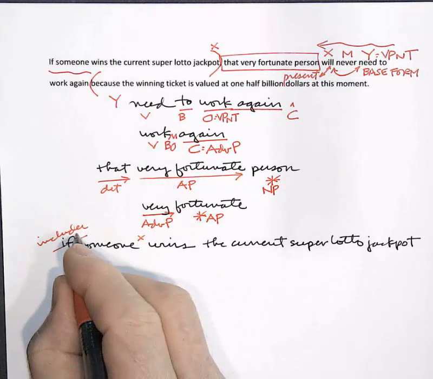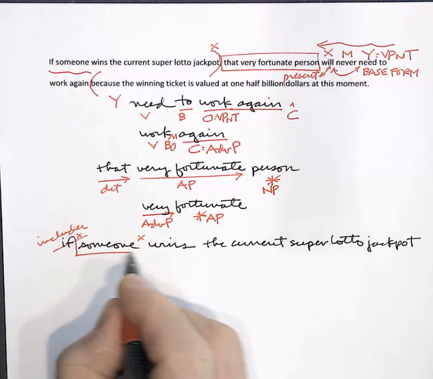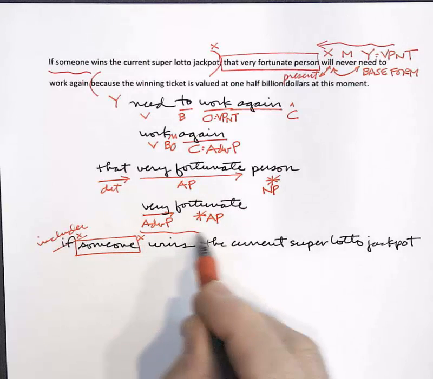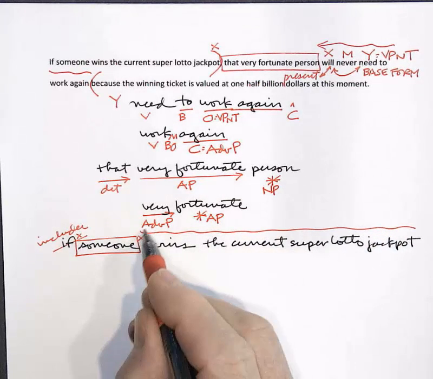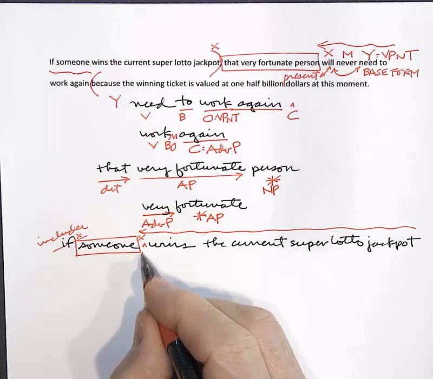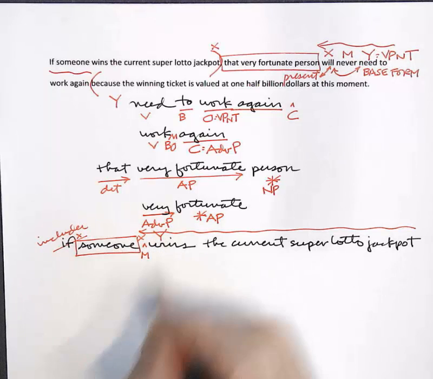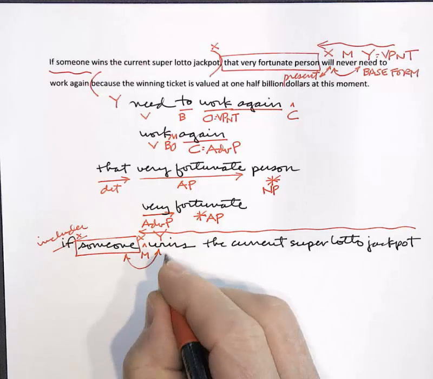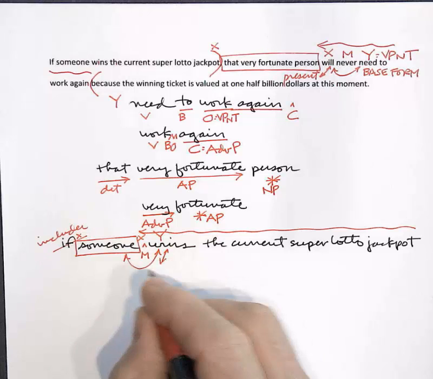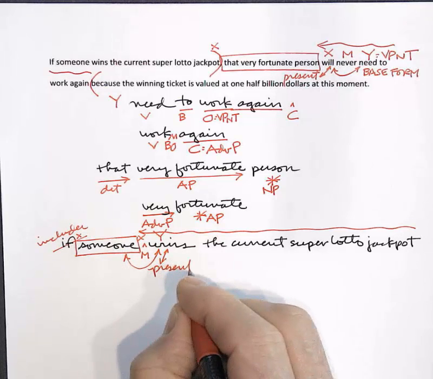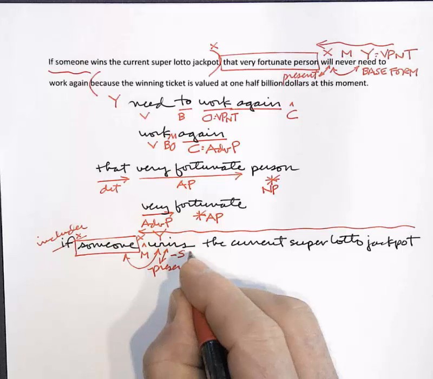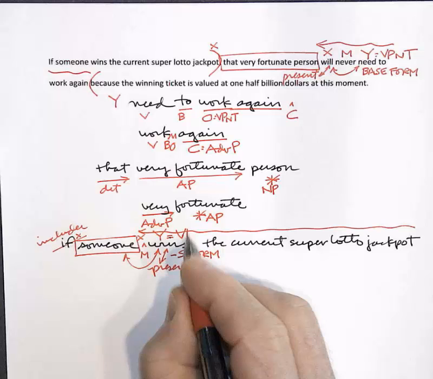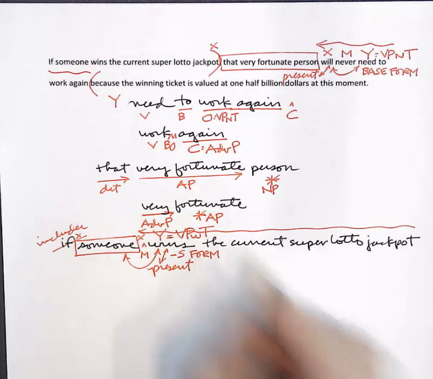Does someone win? Someone does not win. Someone is the subject. The M place is empty. Wins the current lotto. Wins ties with someone. Wins ties with the present. Wins is the S form. Y is a verb phrase with time.